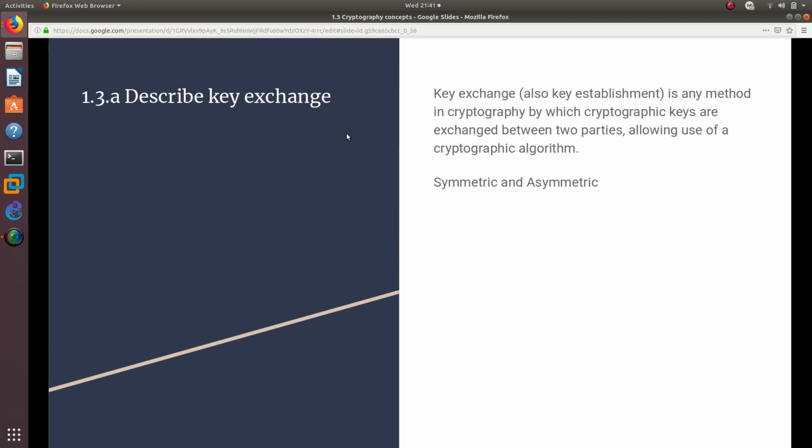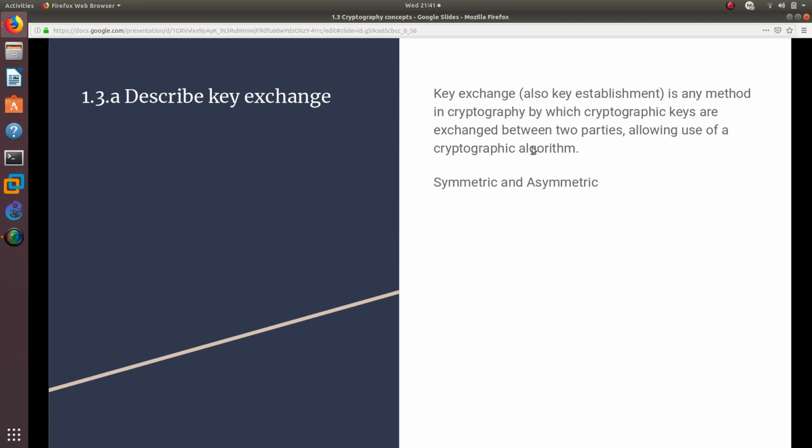So the first one is that we are going to describe a key exchange. And a key exchange is also called key establishment. And it is a method in cryptography by which cryptographic keys are exchanged between two parties, allowing use of a cryptographic algorithm.